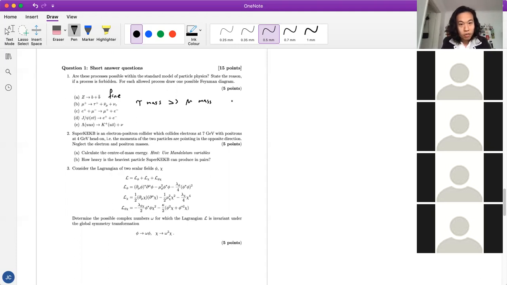So by kinematics, you're violating momentum conservation and energy conservation here. So this is kinematically forbidden. It's not violating any fundamental laws, but it's just not possible in terms of kinematics.